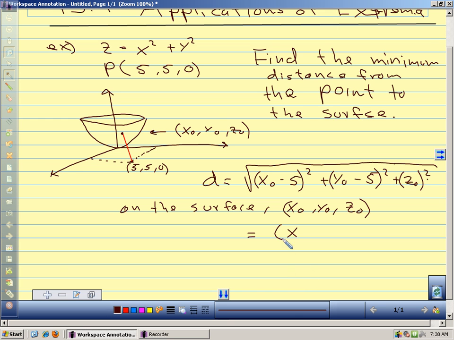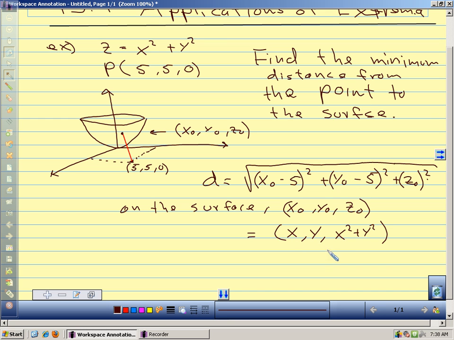What would y0 be? Y. And how about z0? On our surface, x squared plus y squared, because on the surface, z equals x squared plus y squared. So those are our points.